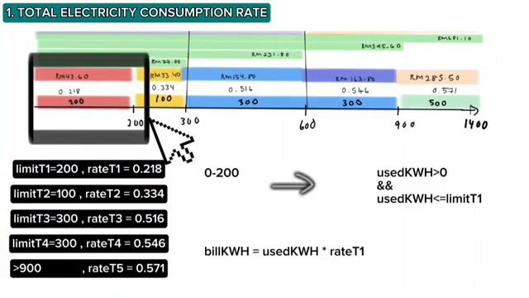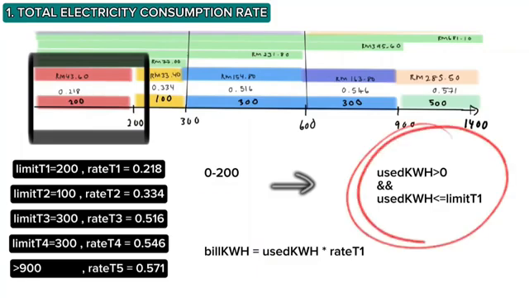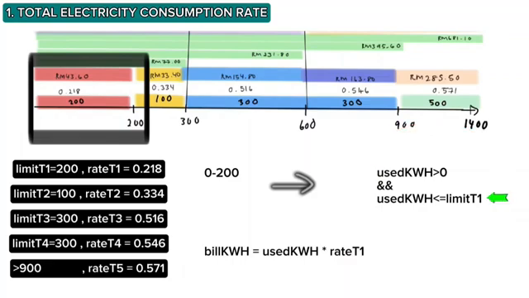Now, for the first part of the number line, which is 0 to 200, to convert it into the flowchart, we will need to use the used kilowatt per hour more than 0 and less than or same as 200, which is limit 1. If I only put lower than and equals to limit 1, then if the user inputs a negative number, it will still continue doing the calculation.